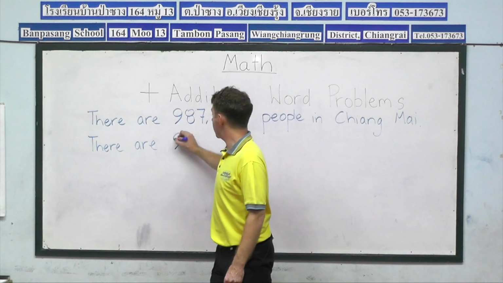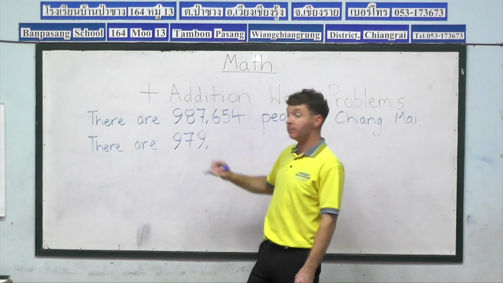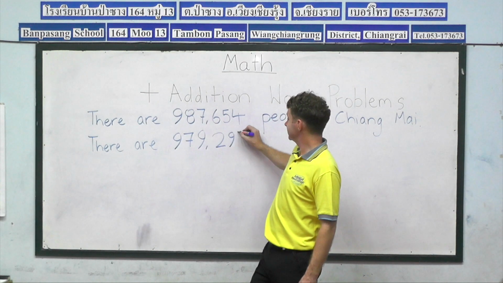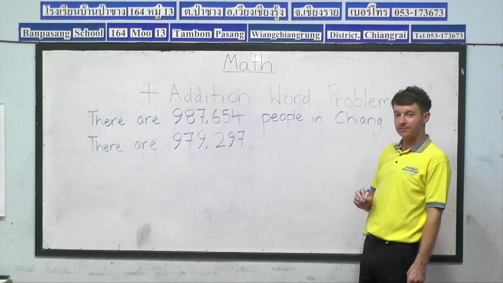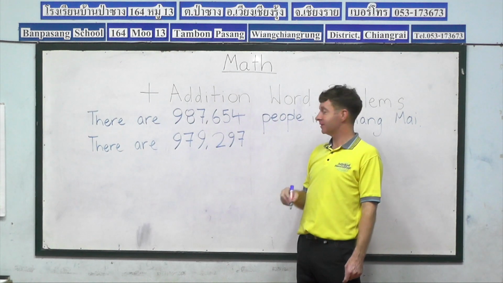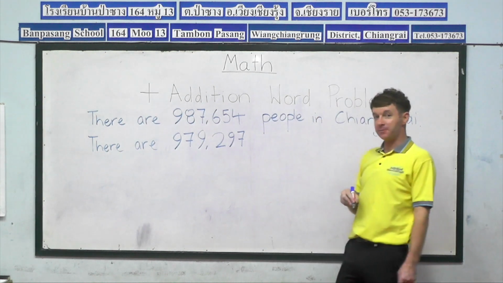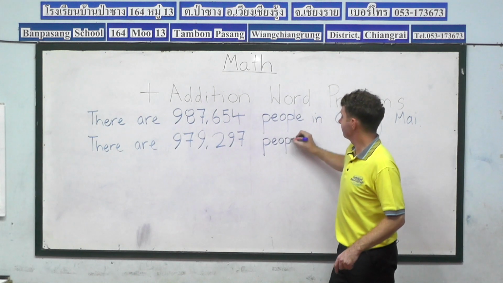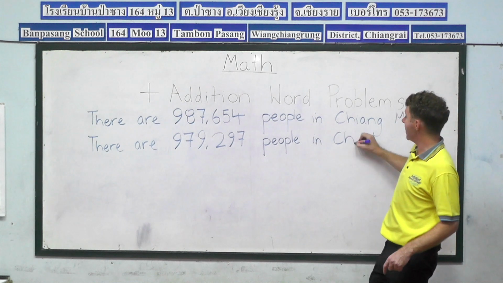Okay. 979,297. There are 979,297 people in Chiang Rai.